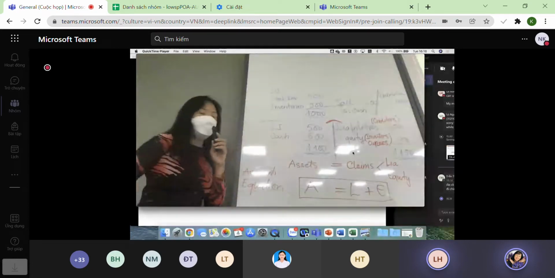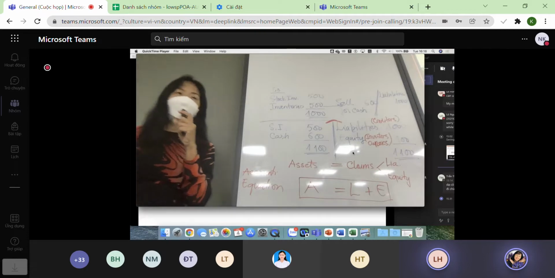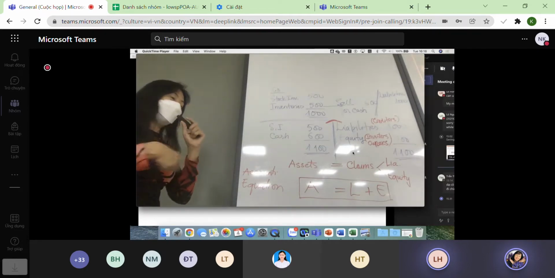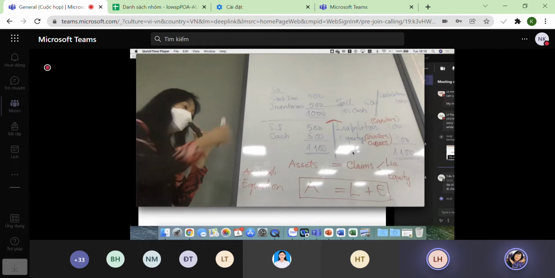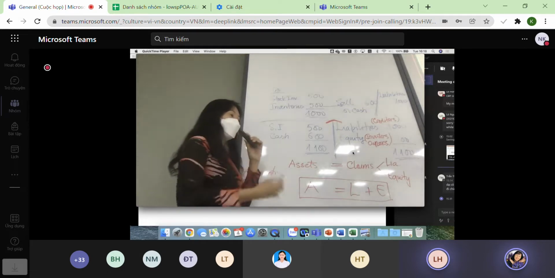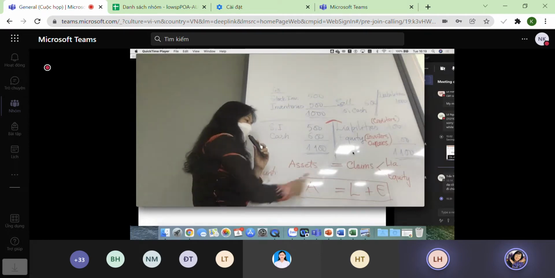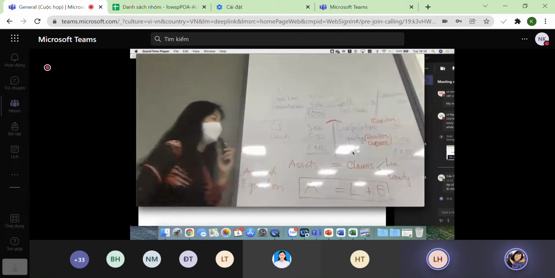The same, right? The same thing, but with two ways to classify. So it's always equal. And when we prepare financial statements to provide information about the financial position of the company, we should include three elements here.